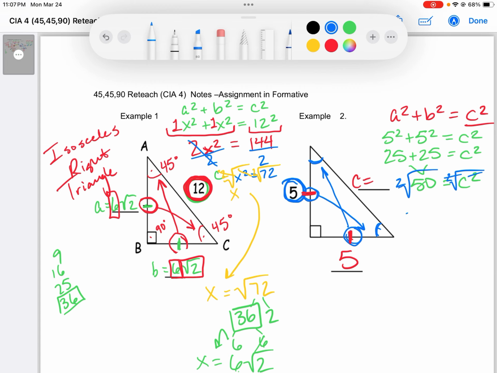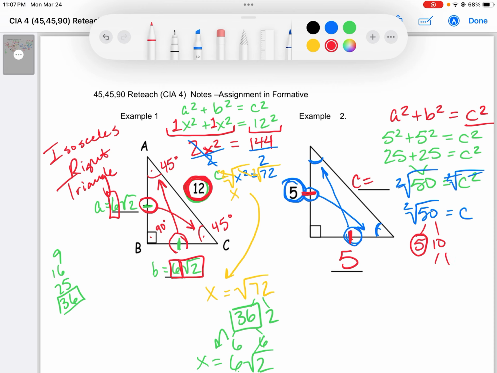So for both sides, I'm going to find the square root. Now, 50 is not a perfect square, so I'm going to break it down. I'm going to do this the long way just to show you. What I would use is 2 and 25. But let's say you didn't use those numbers, and the first ones that came to your mind were 5 and 10. 5 is as simplified as it can get.